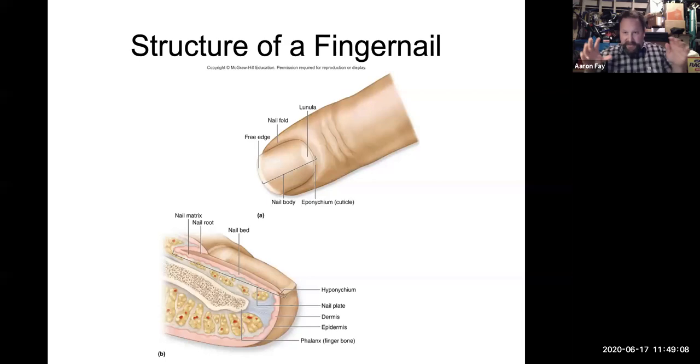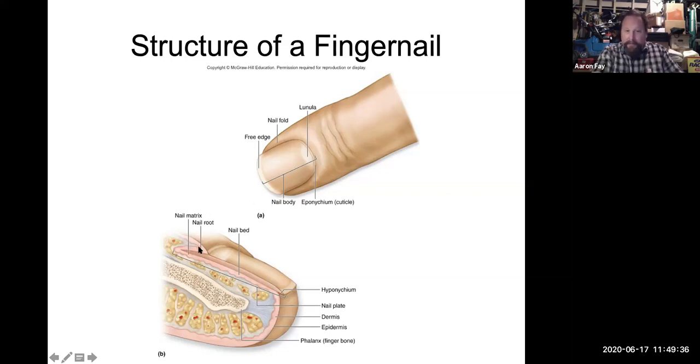Just to be clear in how these terms are nested inside each other, the nail plate is the whole thing. Then one step down, you have the nail root. So the nail plate is equal to the nail root plus the nail body. The nail body has a certain section that hangs off the edge of the finger called the free edge.